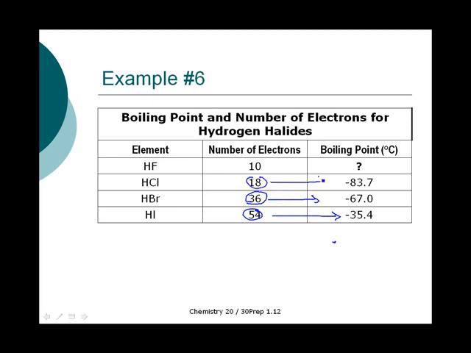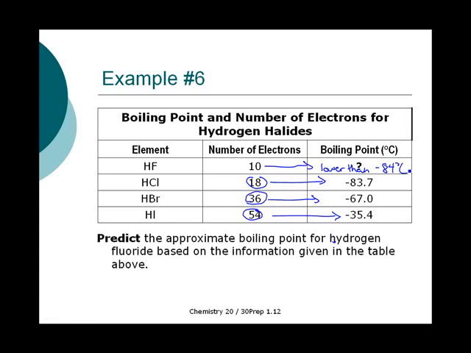It takes less energy to separate. So based on this pattern, we should say that this number should be lower than negative 84 degrees Celsius. We don't know exactly, and I'll never ask you for a specific temperature, but it should be lower than negative 84 degrees Celsius based on the idea that it has the fewest electrons in these compounds.